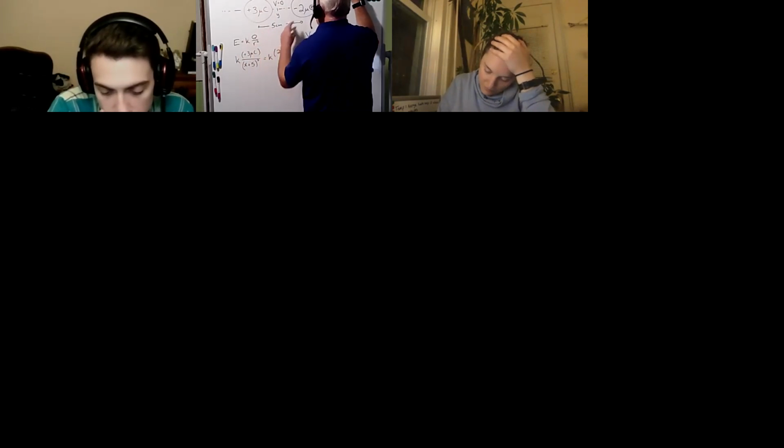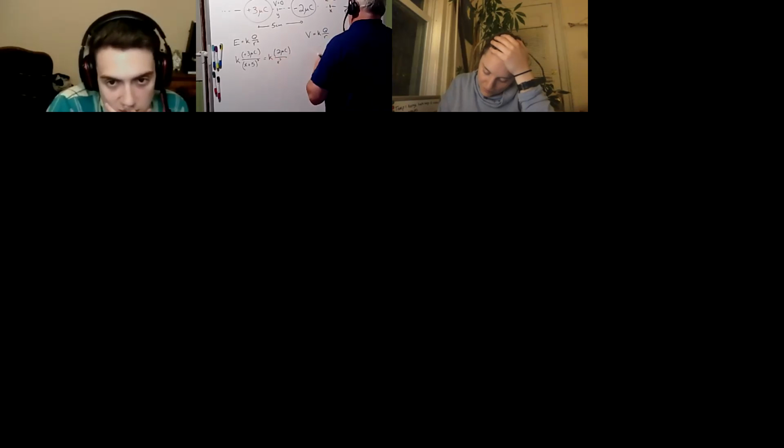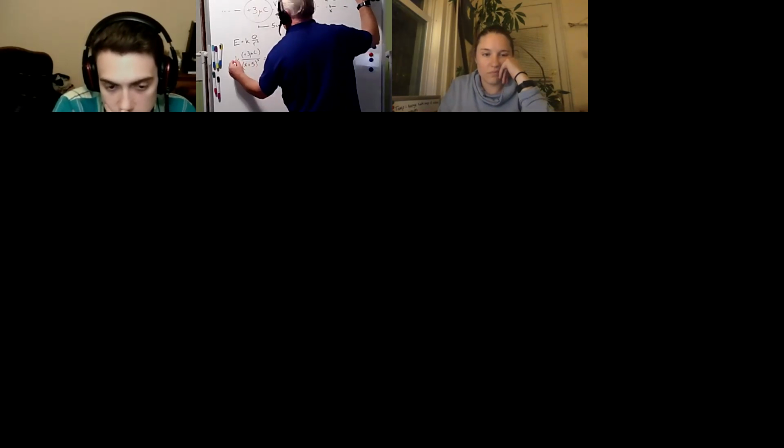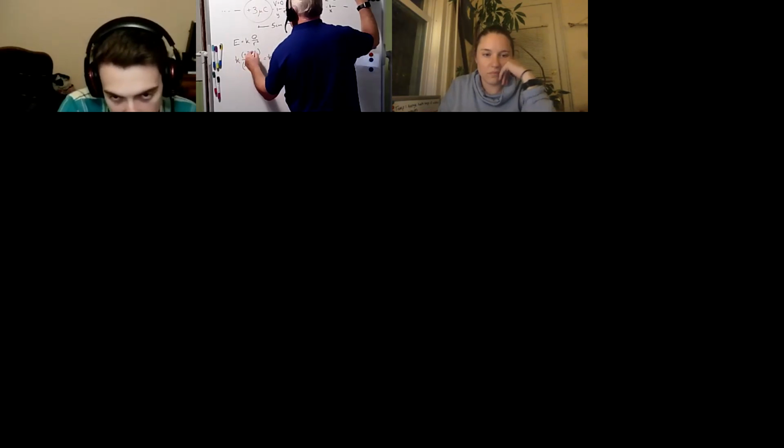And then that's going to be equal to K times, we'd use the positive 2 microcoulombs because we've already done the reasoning about the effect of it being negative, and then that's over X squared. So we have lots of cancellation to happen here. So the K's are gone, and the microcoulombs are gone.